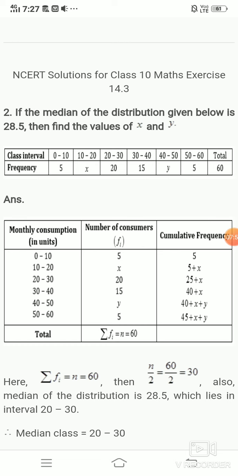So x is already some number. Possibilities of x: using fi, you may check all the values, 5, 20, 15 and 5, so it is at least 5.